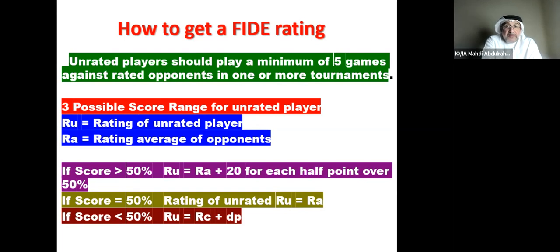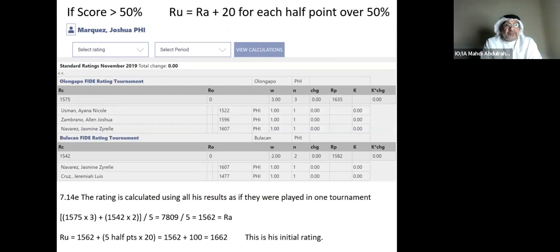So we'll give you an example now. For example, if I score 50%, RU equals RA plus 20. So see the player's name here. If you go to the player's standard rating, he played a standard rating tournament in November 2019.